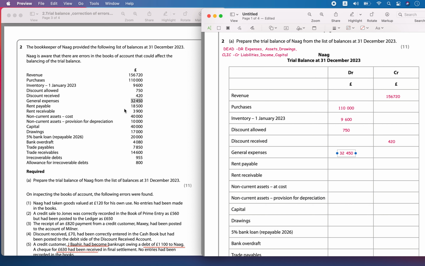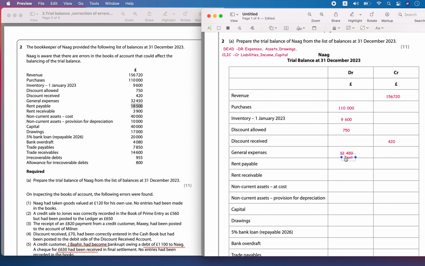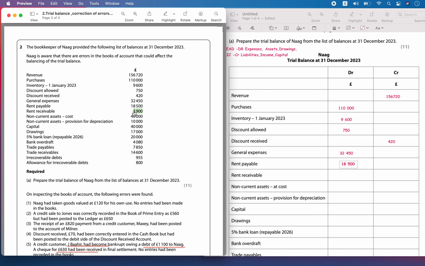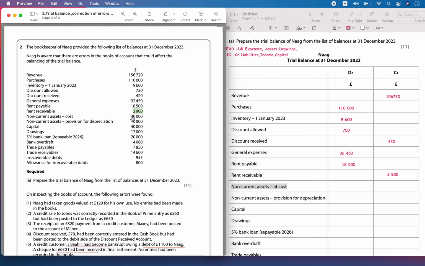Then you have the rent payable. What does it become? 18,500. It is like an expense, so it is going to be a debit of 18,500. And rent receivable is like an income coming into the business, so I can put it as a credit balance. Then you have non-current assets at cost. This is an asset, so it is a debit balance.